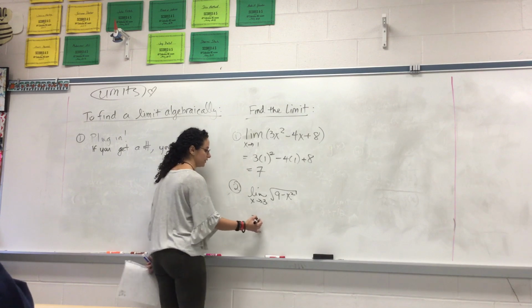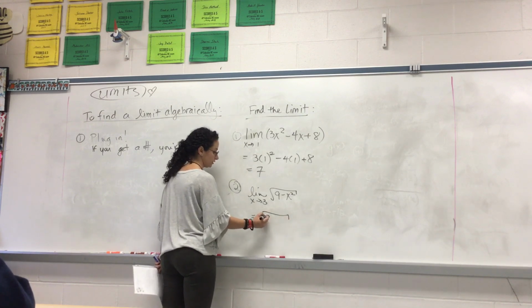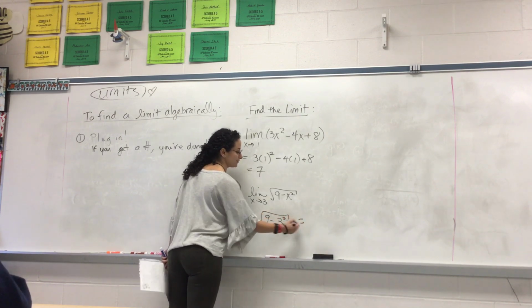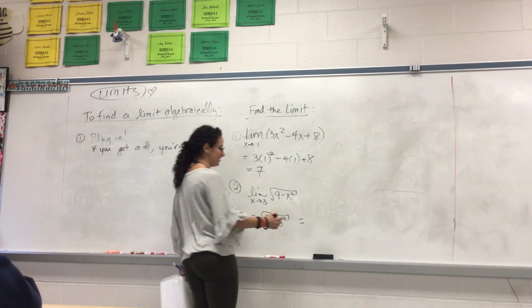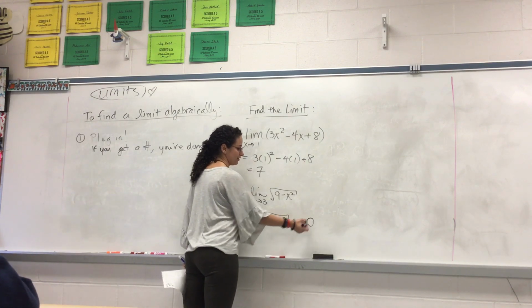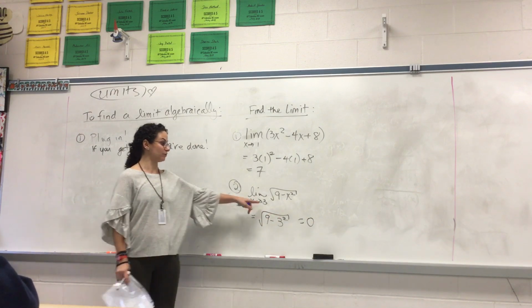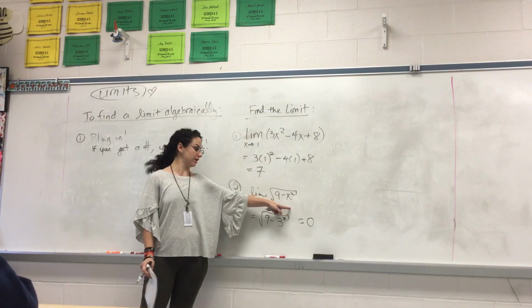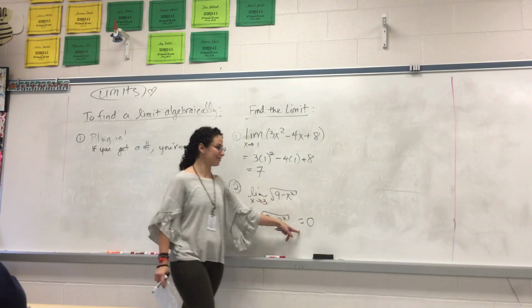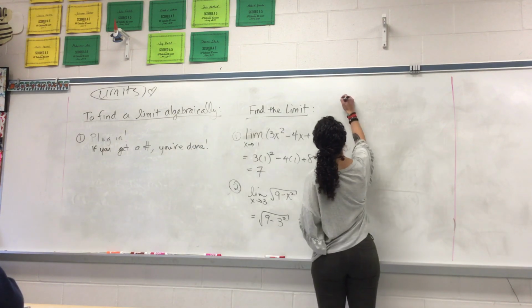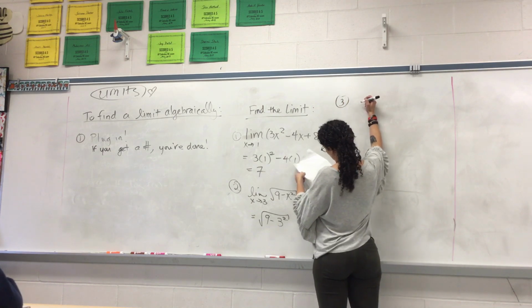Isn't that like a Glade plug-in commercial? Plug it in, plug it in. Well, I have an amazing singing voice. Okay, so what am I getting here? 0, fantastic. So if I approach 3 on this cute little, what kind of equation is this? A semicircle, thanks. Okay, I'm going to approach 0 for my y value.